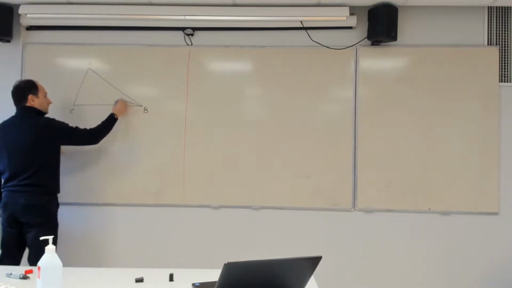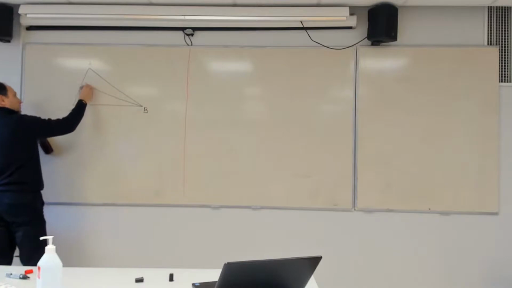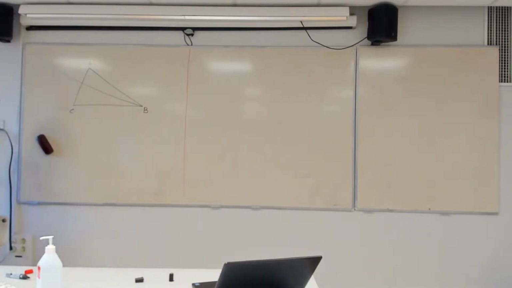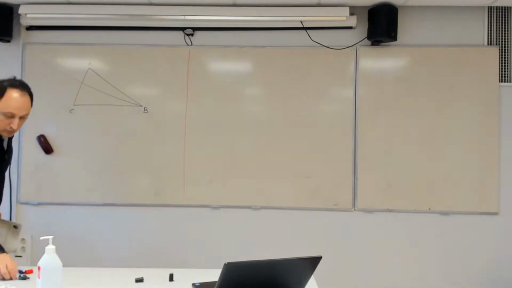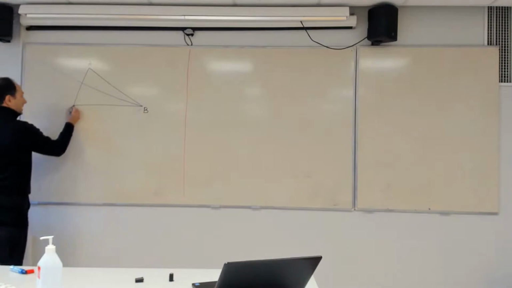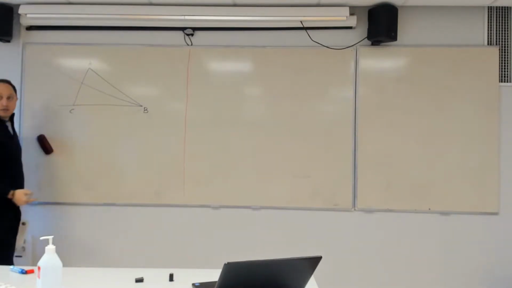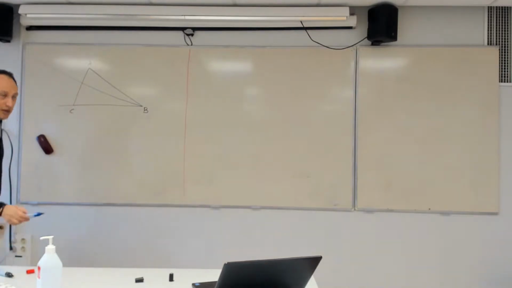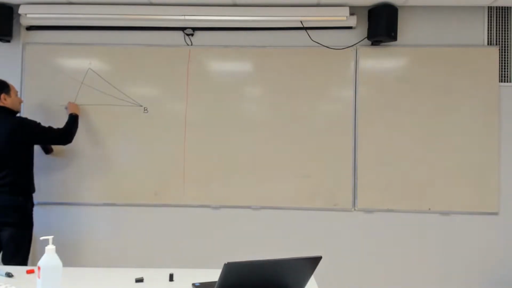I am drawing a line which bisects the angle into two equal pieces. And then the exterior bisector of angle C. What is the meaning of exterior bisector of angle C? This is angle C. The exterior angle is this one. So I have to bisect this one now. That is the meaning of exterior bisector of angle C.